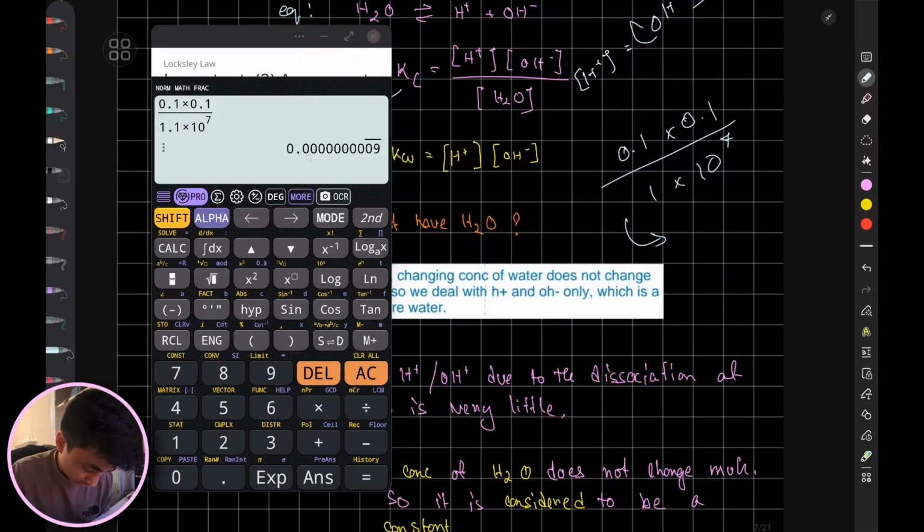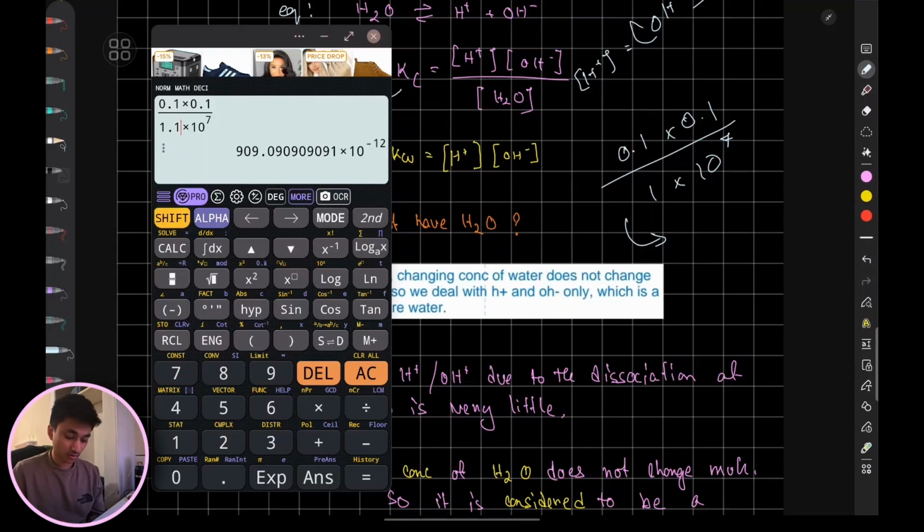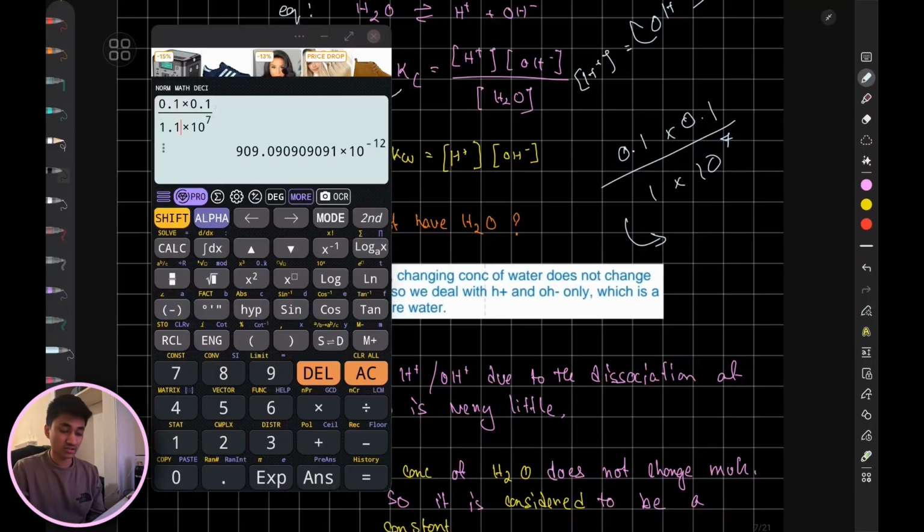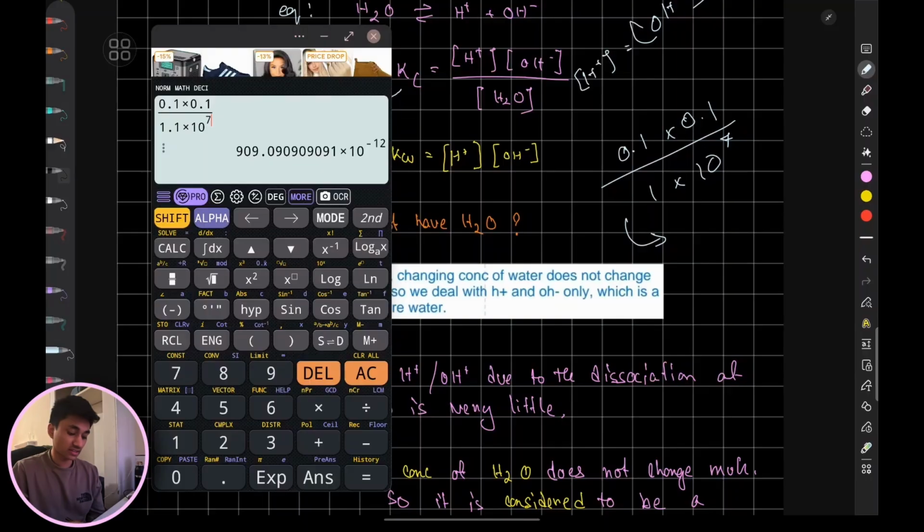Again, this is supposed to be around the same value. It is 1 into 10 to the power of 10. So my entire point is your value itself does not change much. Your overall concentration constant does not change much whenever your denominator is extremely large compared to your numerators.